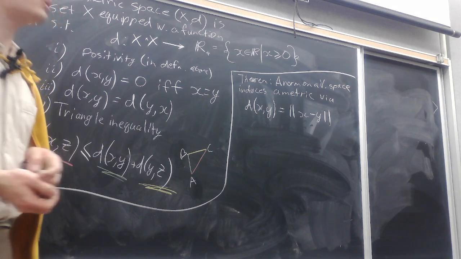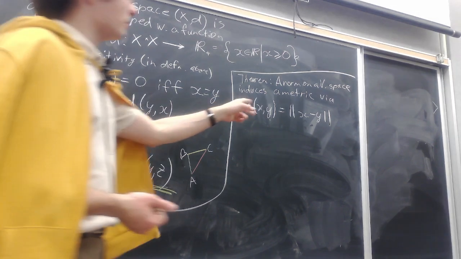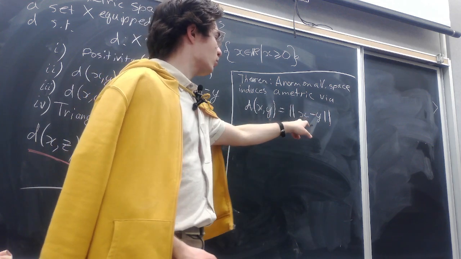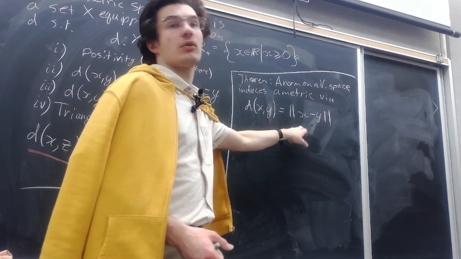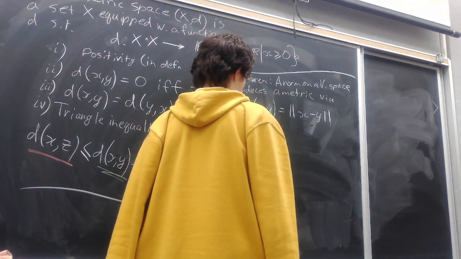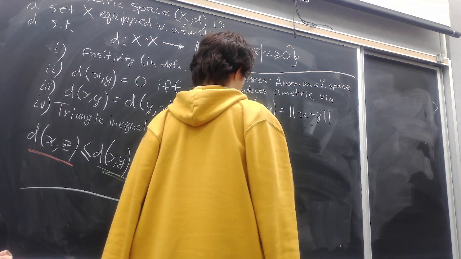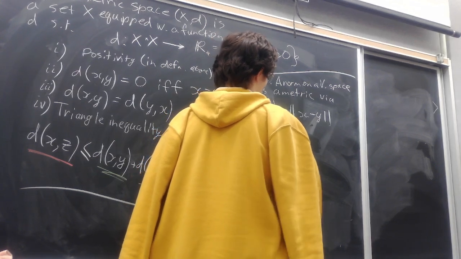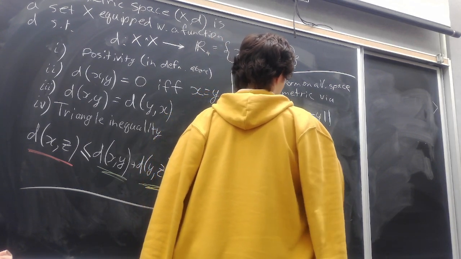Really good point. A norm has to be on a vector space. Why? Because the triangle inequality is defined as the norm of v plus u being less than or equal to the norm of v plus the norm of u, right?